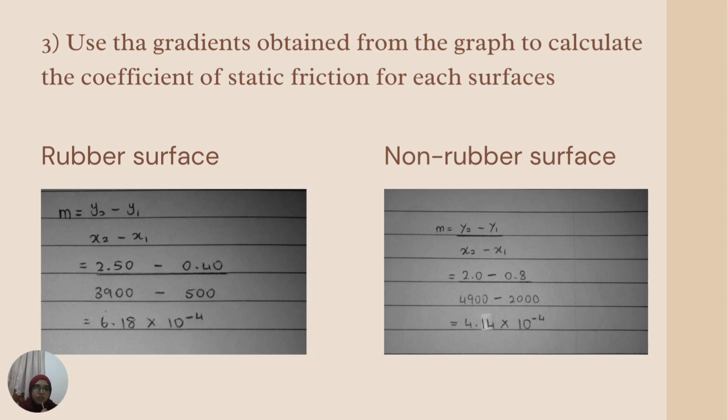For the non-rubber surface, I use the same formula and the same technique. I use the points from the graph also, which is 2.0 minus 0.8 per 4,100 minus 2,000, and I get 4.14 times 10 to the power of negative 4.